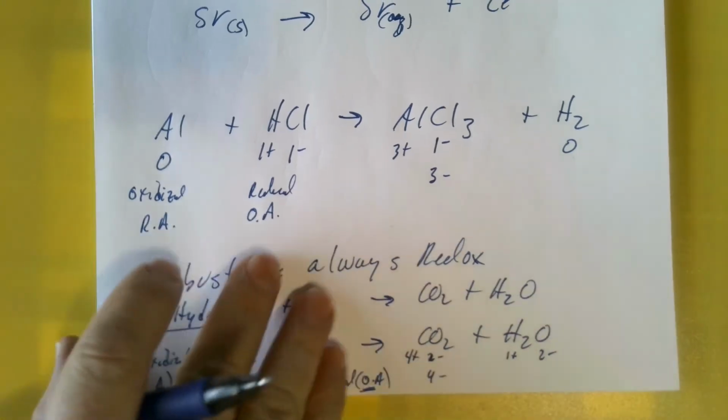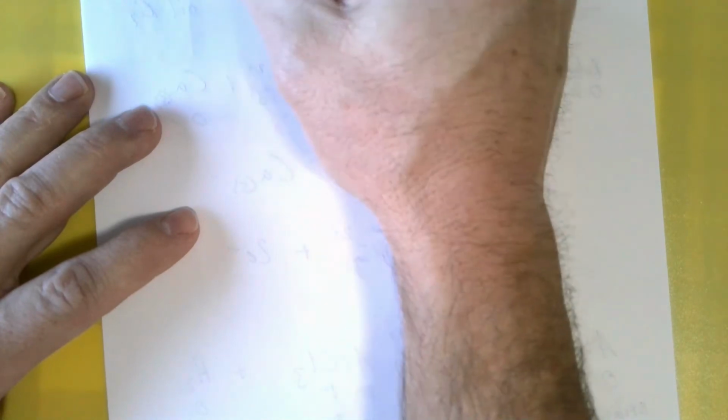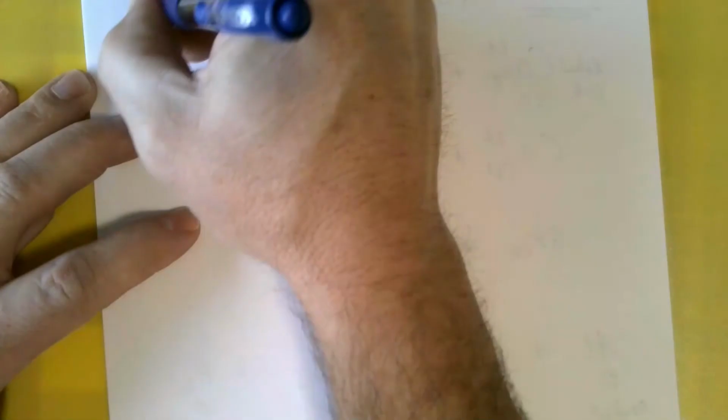Alrighty, so I do need to talk about a couple of things. These are things I've written down. 99.999% of the time, oxygen is reduced, which makes it the oxidizing agent.